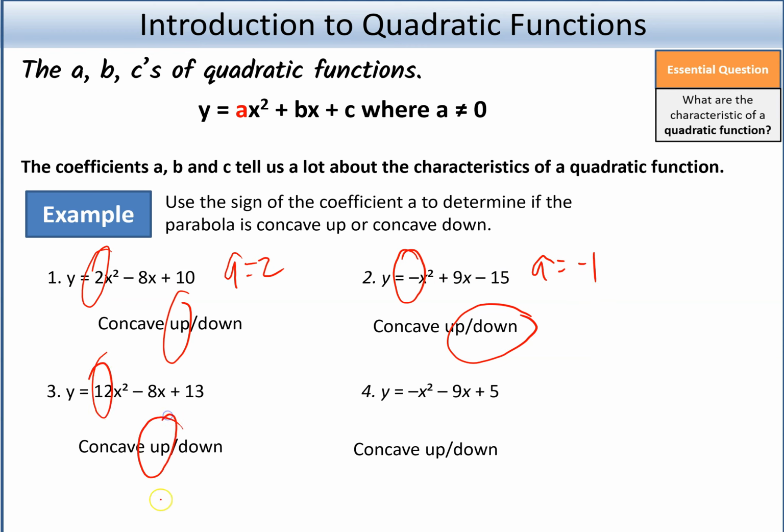This would be concave up because our a is equal to 12, and this would be concave down because the value of a is equal to -1. So that's one of the first characteristics you can pick up on a quadratic function, whether it's concave up or concave down, just by looking at the coefficient on the variable x squared.